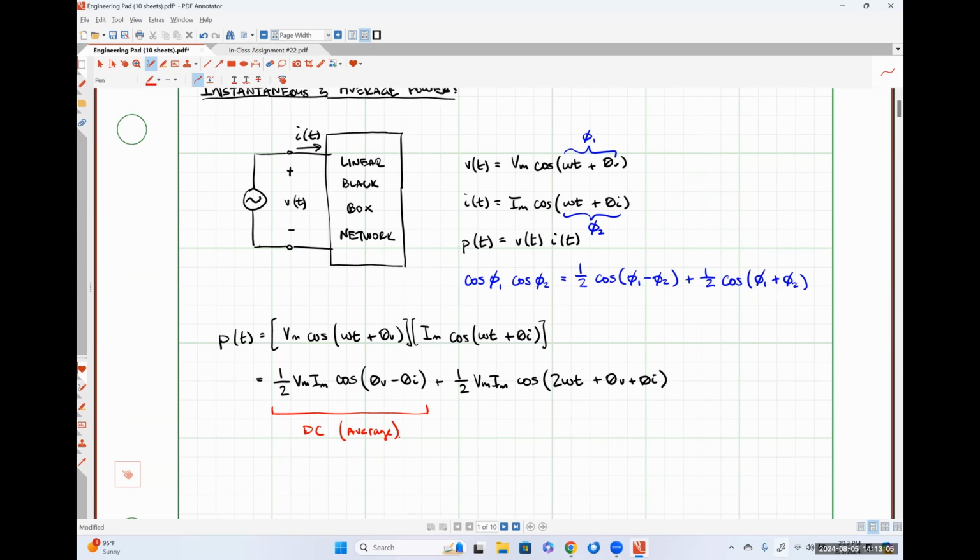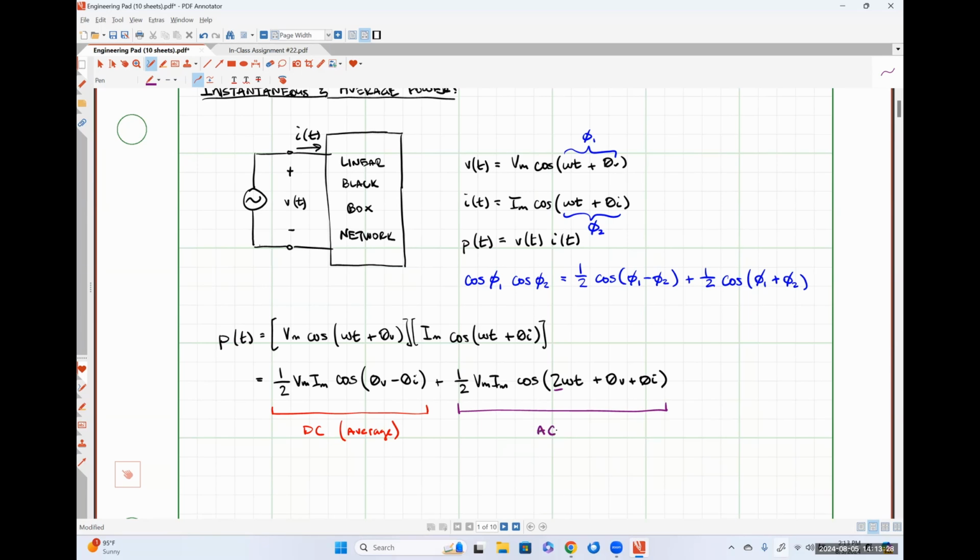Exactly half of the time it's above this DC level, and exactly half of the time it's below this DC level. And then we also have this term over here, which is oscillating at exactly twice the angular frequency of either the voltage waveform or the current waveform.